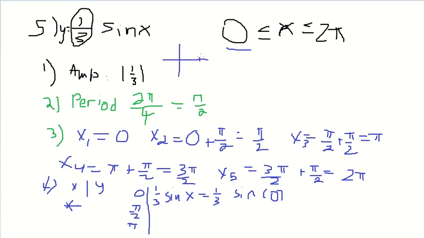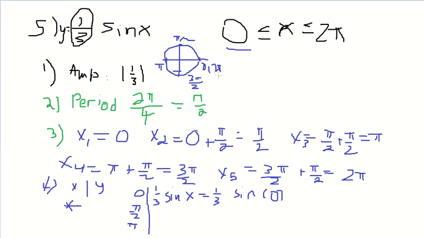Okay, let's review just real quickly the unit circle. This is 0, this is pi, this is pi over 2, this is 3 pi over 2. And 0 is also 2 pi as well, because when you start at 0, then you go around and come back to it, that's 2 pi.